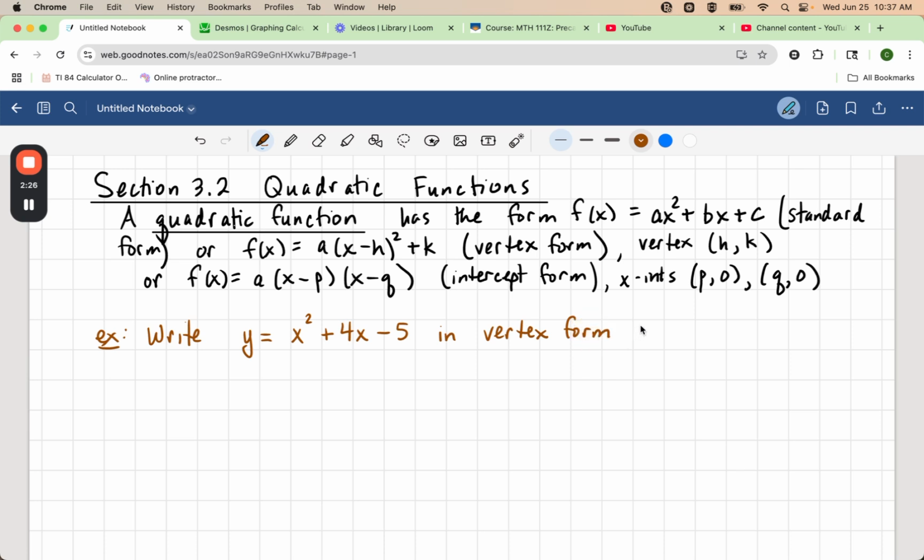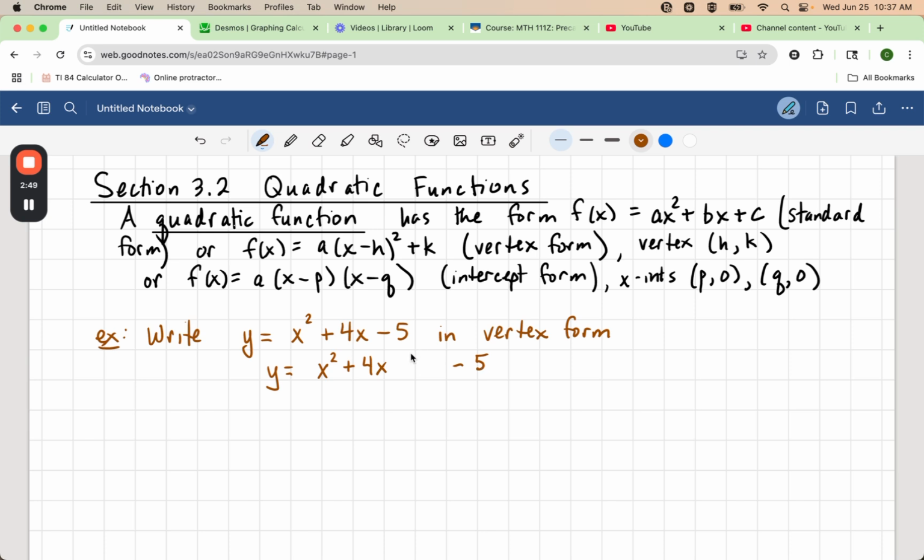Okay, so here we go. What we're going to do is start this. We're trying to get it into some kind of binomial squared plus or minus some other number on the end. So I'm going to write this as x squared plus 4x, and I'm going to leave a little space between the 4x and the negative 5.